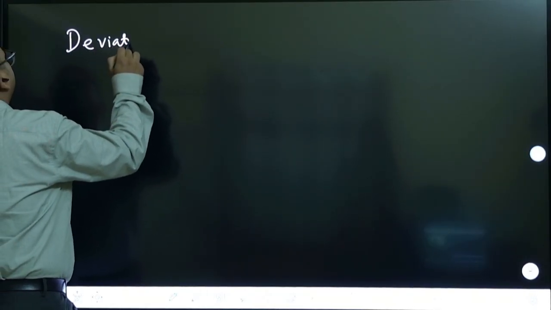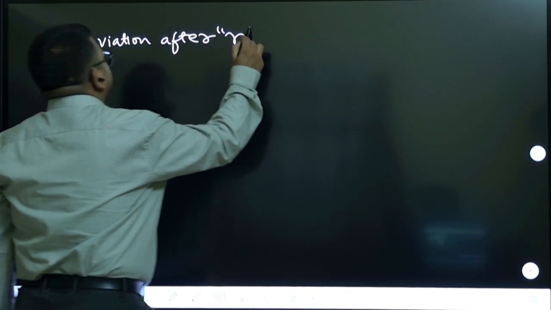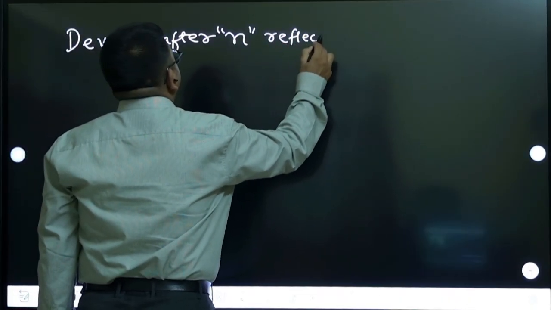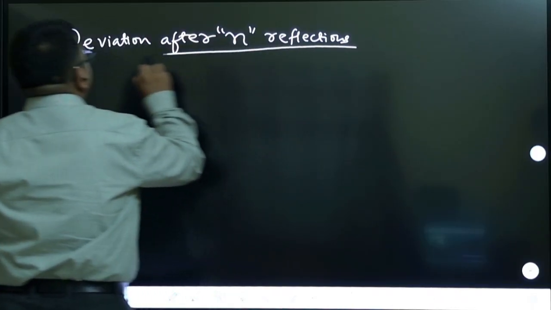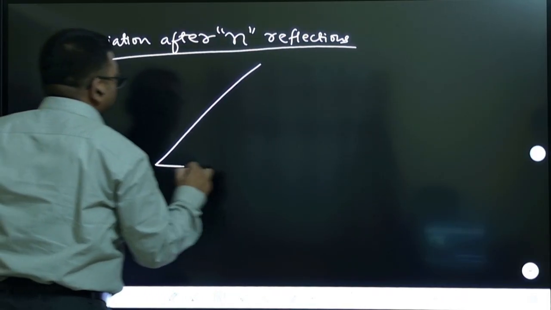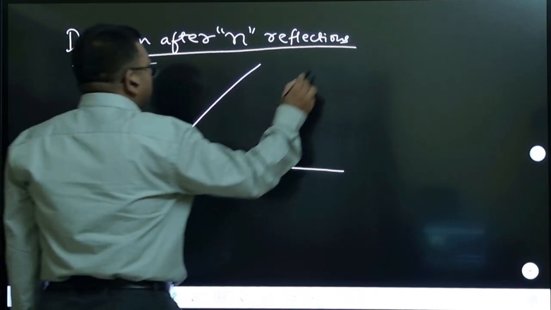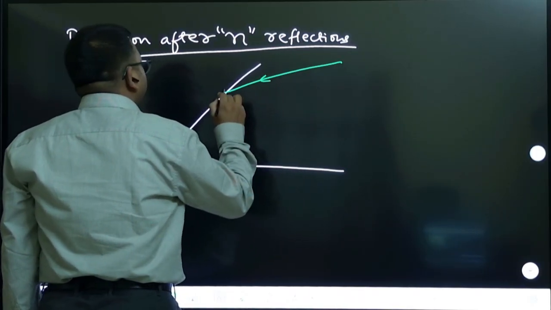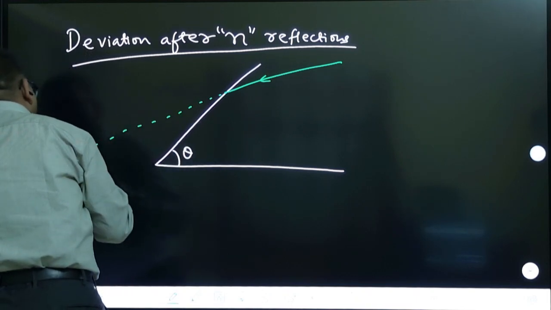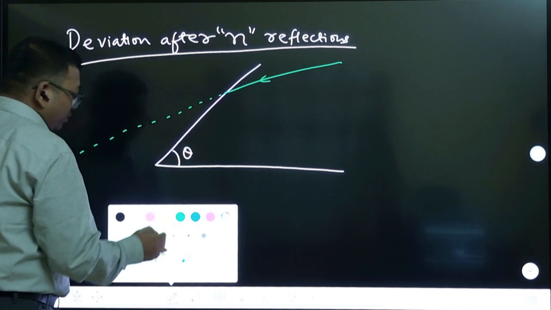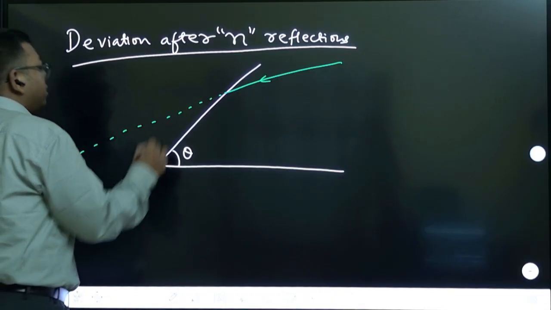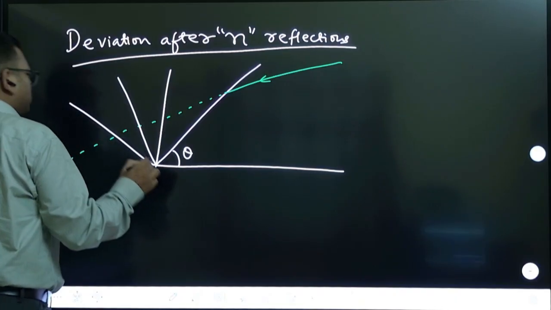So let us try to find out the deviation after n reflections. Applying the same logic, in the same manner, we will take the same approach. We will take these reflections of the mirror one after another, theta, theta, theta, theta, like that.